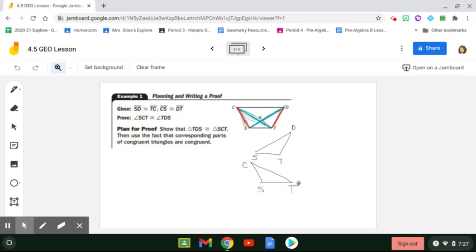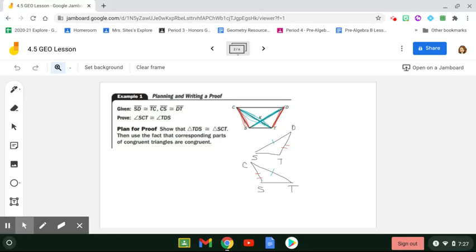All right, so we already know from our picture that SD is congruent to TC. And we already know, using the same colors but this time with tick marks, that CS is congruent to DT.